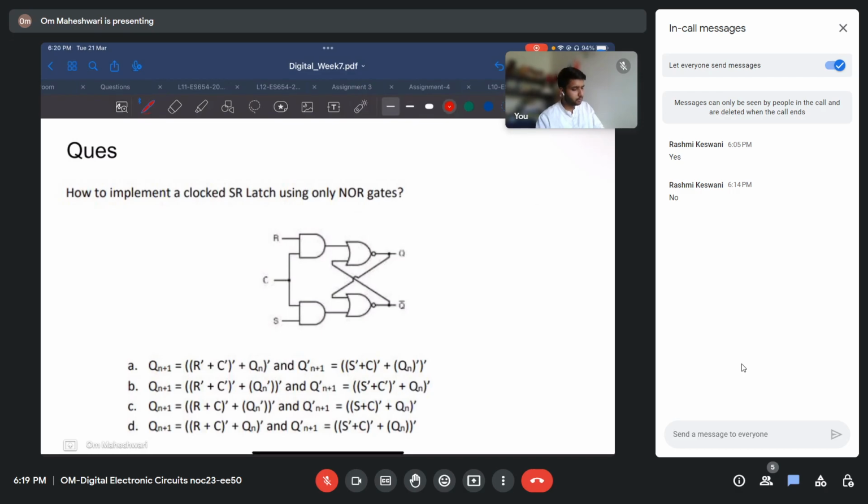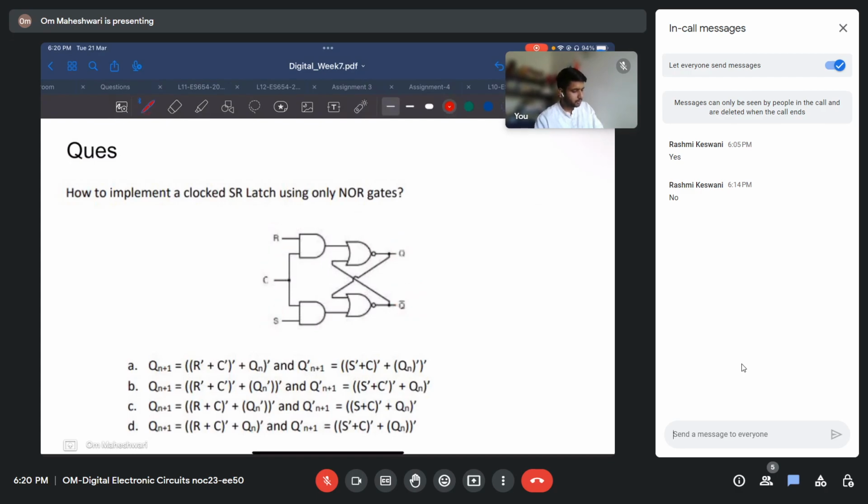For this, first let us write what is Q and Q bar in terms of R, C, and S.